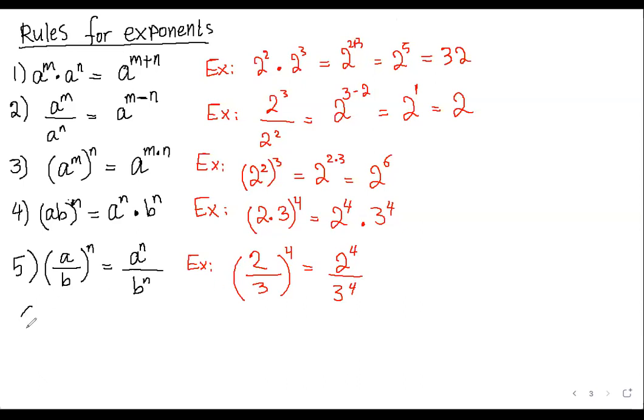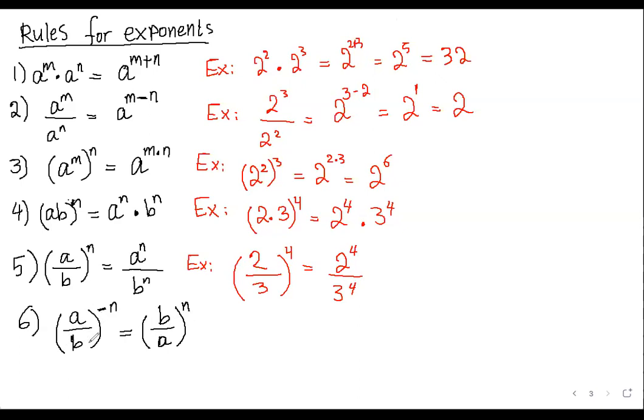Number 6 says, if I have a over b, all of this to the power minus n, this is exactly the reciprocal. b over a, all of this to the power n.